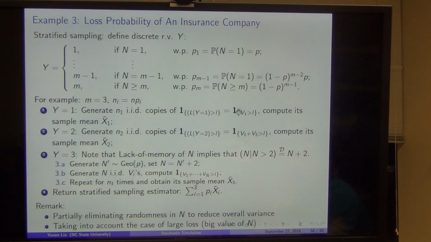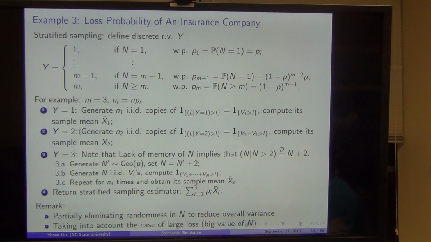So L is equal to 1 of the V, one accident only. So generate the V and check whether or not V is greater than L, and if yes, return 1, otherwise return 0. Do this n1 times and return the sample mean, because n1 is your simulation budget here for this case.